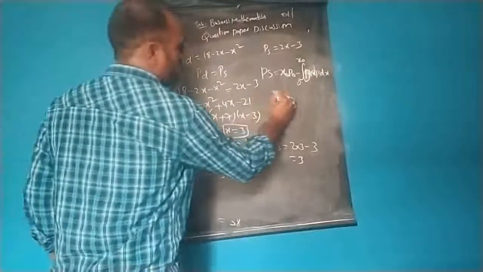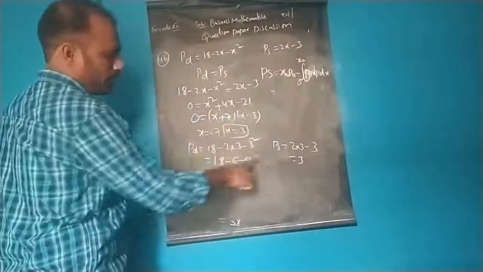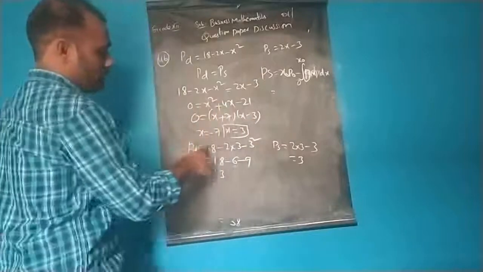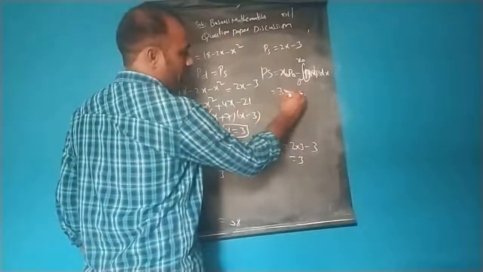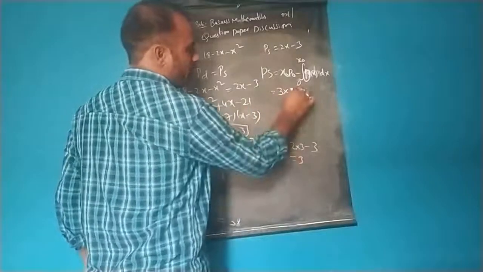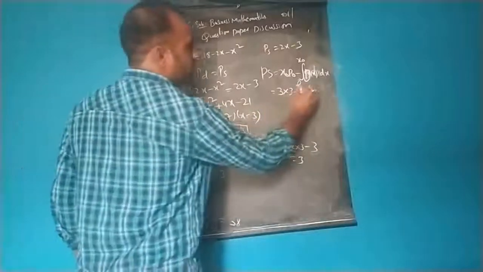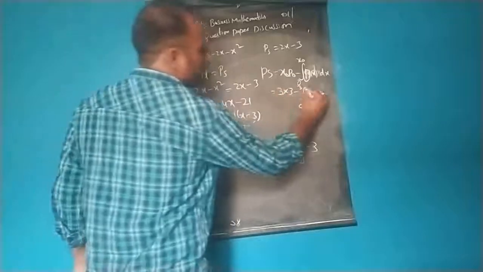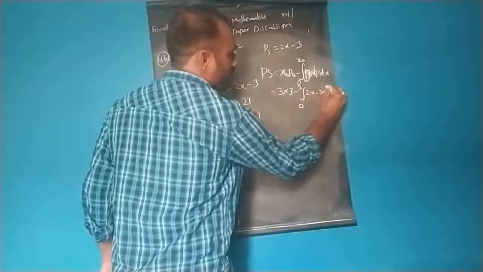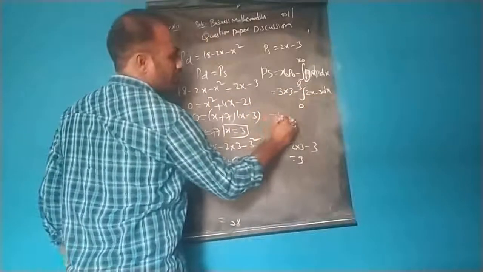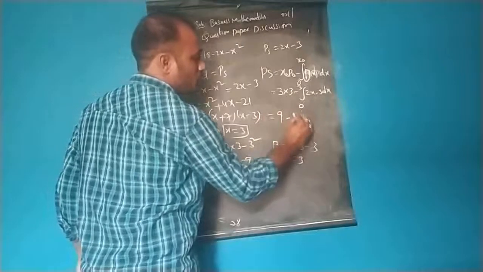Okay. x naught P naught. If you observe the producer surplus value, the x naught value is 3. So 3 into 3 minus integral 0 to x naught, we got it as 3, 2x minus 3 dx. So that is 9 minus integral 0 to 3.